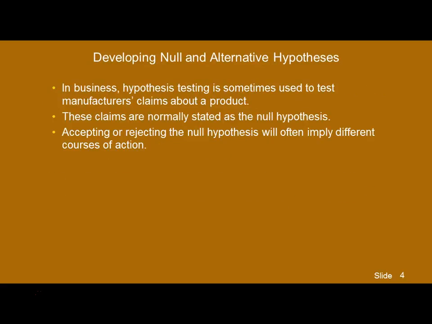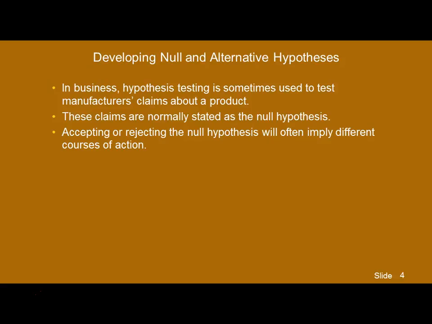In business, hypothesis testing is sometimes used to test manufacturers' claims about a product. A manufacturer might claim that the average weight of a product is a certain amount, or that the average length of time that a product will last is a certain amount of time. These claims are usually stated as null hypotheses.